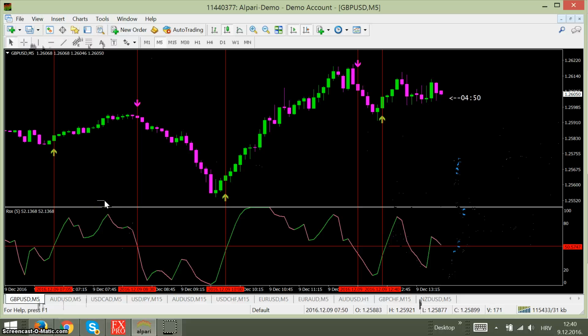So here I marked some situations that you had with GBP USD M5, and you can see how good this indicator is and how to take trades. And here you will have 5 ITMs only today, only on one currency pair, only on M5.